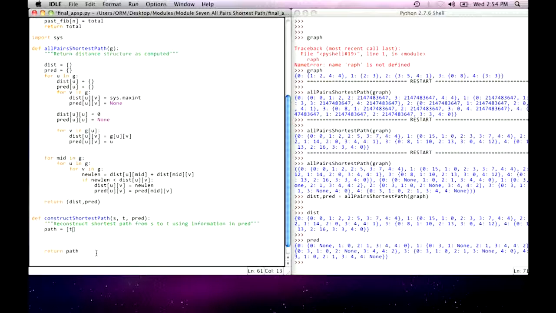And then what I'm going to do is work my way backwards. And I'll say, well, as long as I'm not at S, which after all, I'm looking for the shortest path from S to T, let me find out how to go. You reverse the predecessor links to go back to the matrix entry whose vertex gave you that distance.